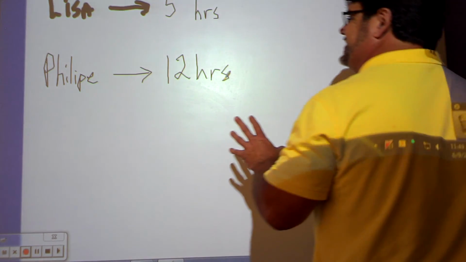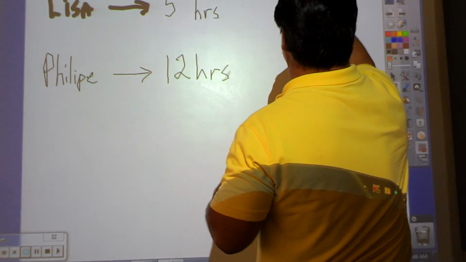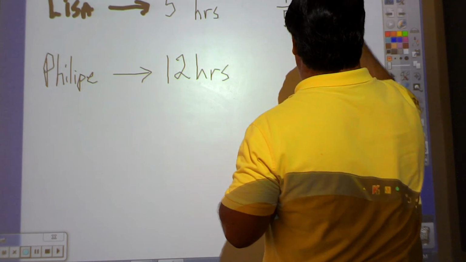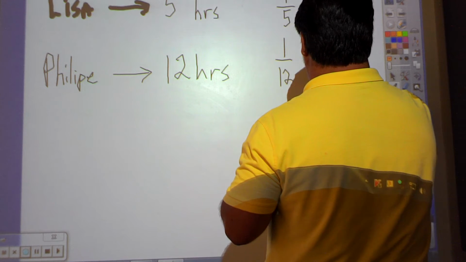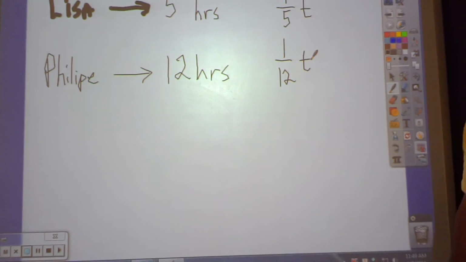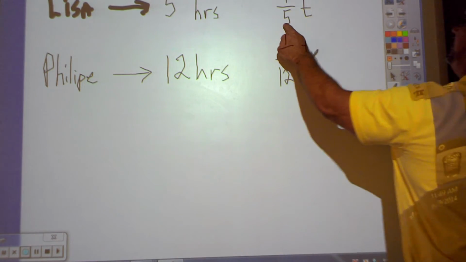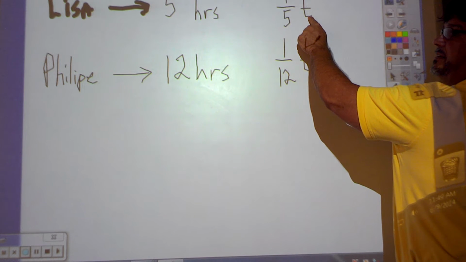So right off the bat, it takes Lisa 1/5 of the job per hour, and it takes Philippe 1/12 of the job per hour. Now, how did I come up with that? Well, what's 1/5 times 5? 1.